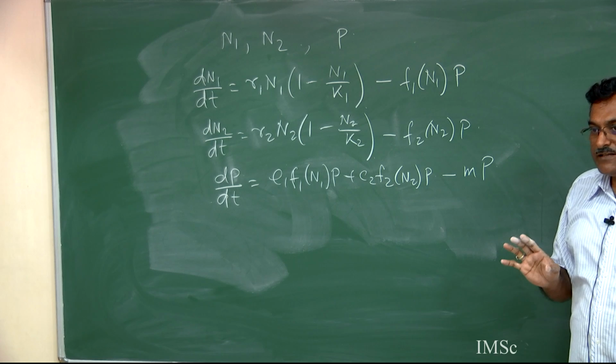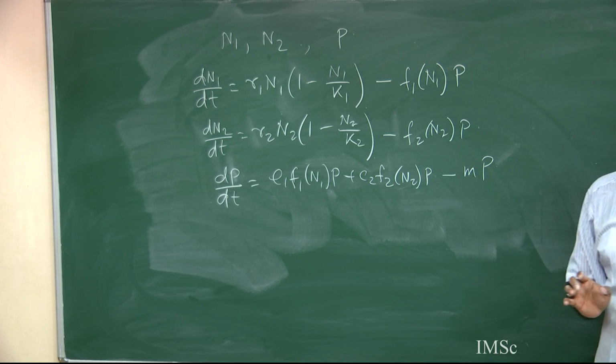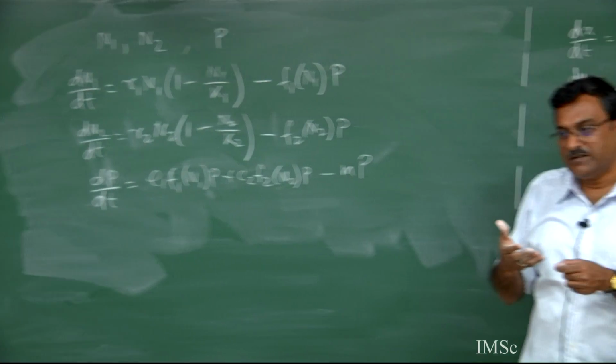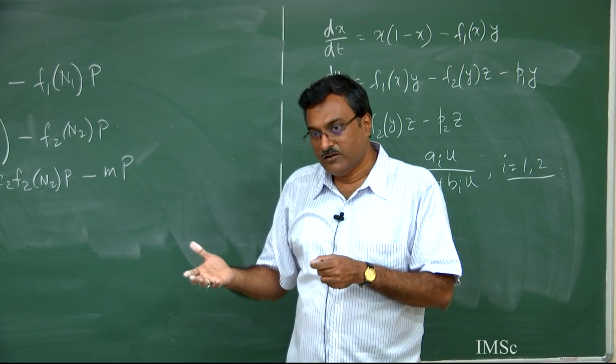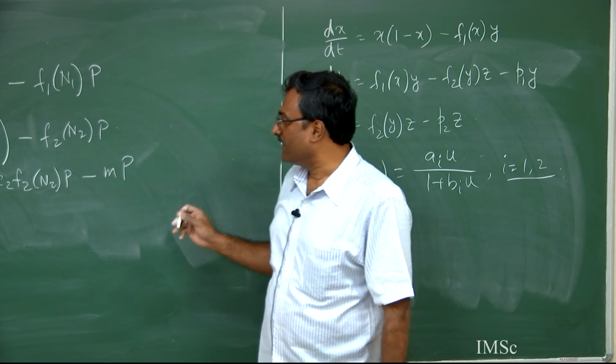If you are interested in a detailed discussion in this direction, you can look at the book by Peter Turchin, Complex Population Dynamics. In that book you can find examples of different species and how the functional responses are chosen depending upon some available data for ecological interaction. You will find some nice discussion on that.